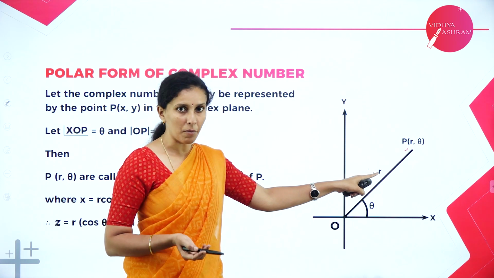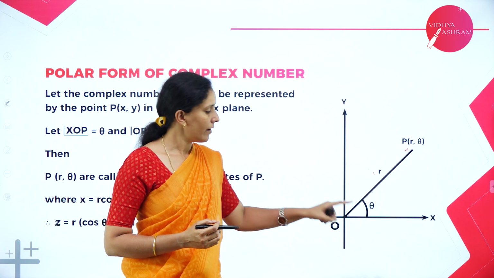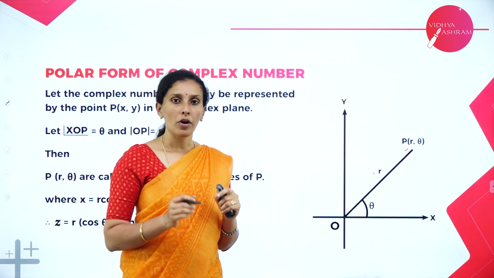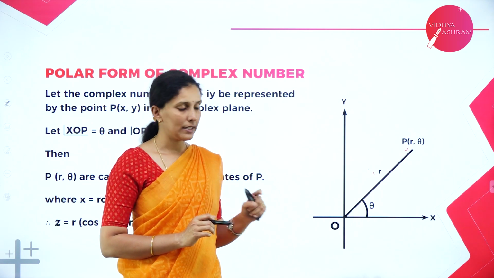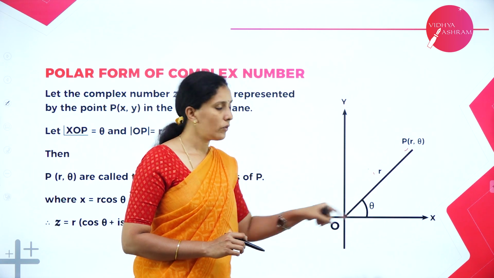Here r is again the modulus. Instead of modulus z, we are representing it using r, and theta is the angle called the amplitude or argument of a complex number. That is the angle created by the line segment of the complex number with the x-axis.